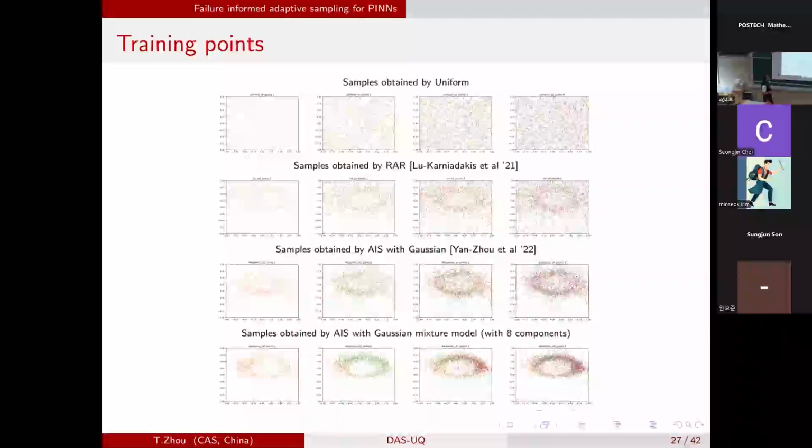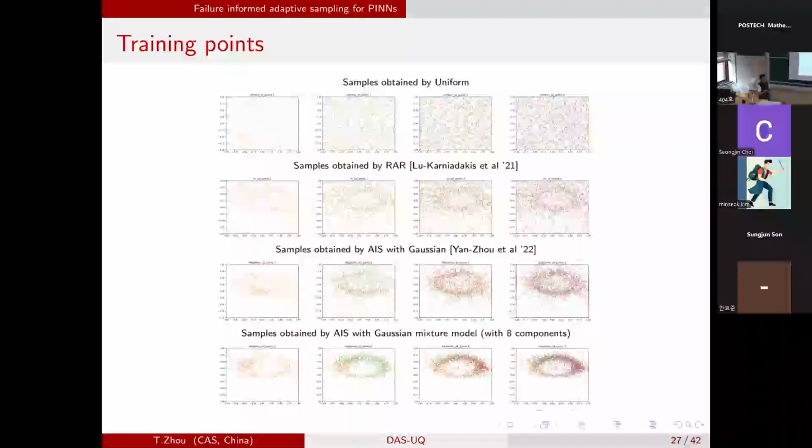If you always use uniform sampling, you can't recover the unknown coefficient. If you use RAR, you can see that the efficiency is not that good. If you use Gaussian, you can solve the problem, but not that efficiently. If you use Gaussian mixture, you can see that the difference is very clear.